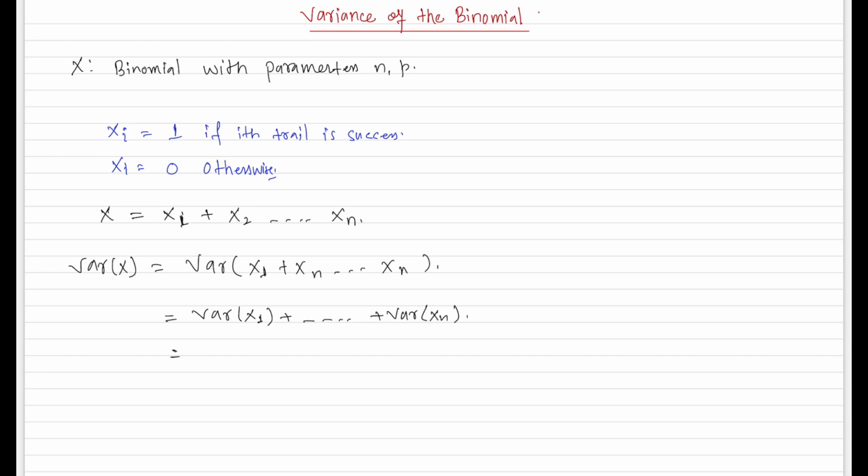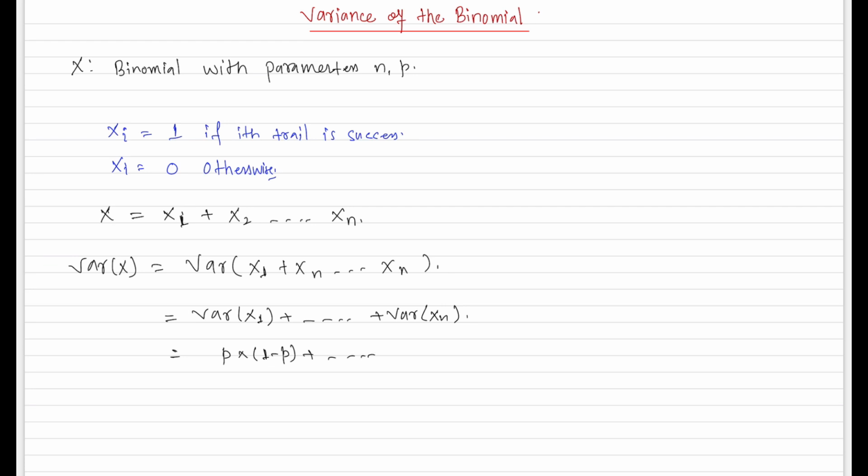What are these random variables? Each takes the value 1 or 0, so it is a Bernoulli random variable. We know the variance of a Bernoulli random variable, if p is the probability of 1, is p times 1 minus p.